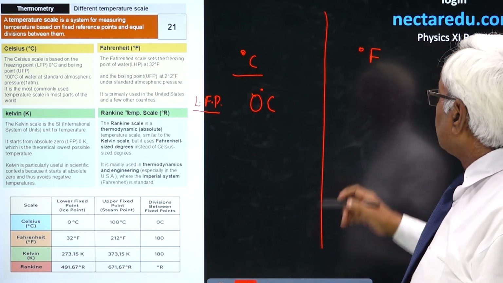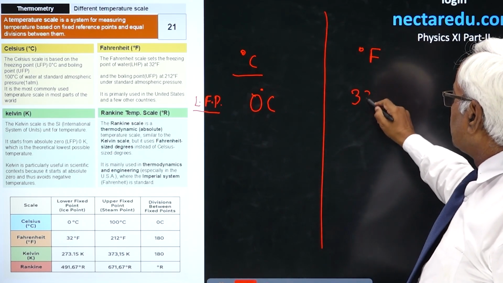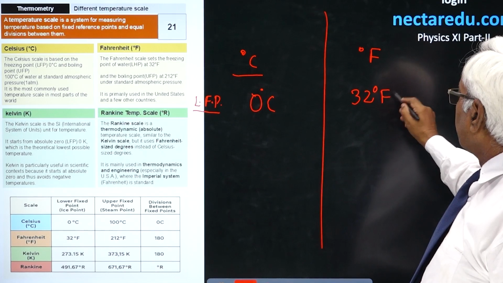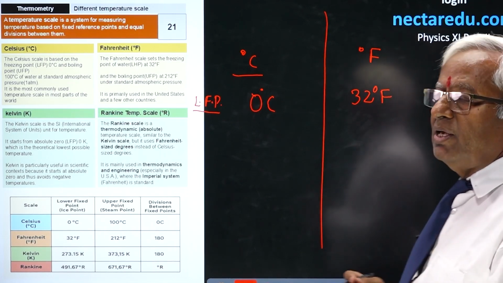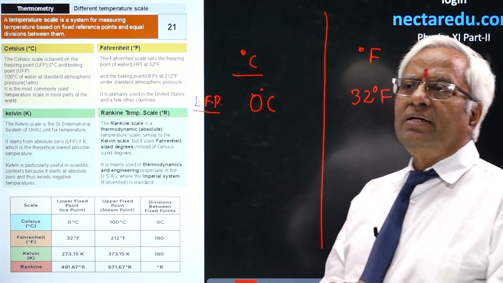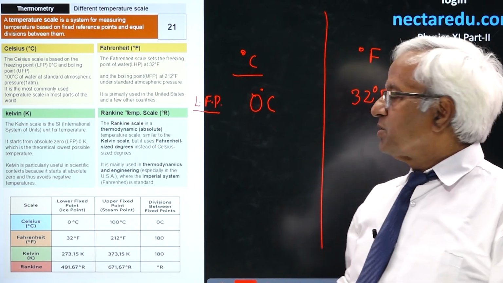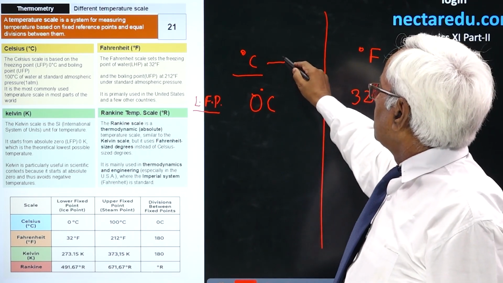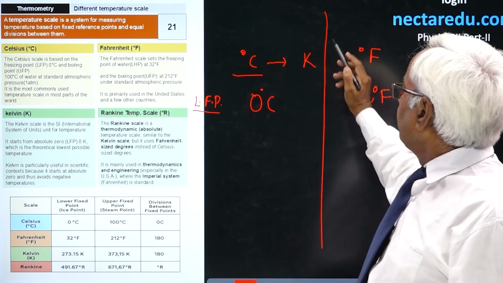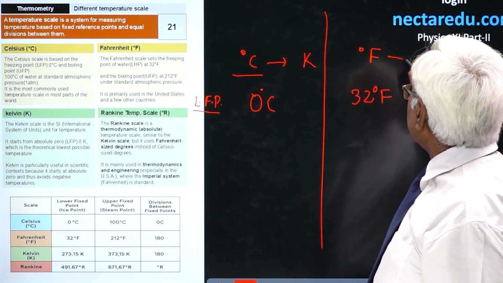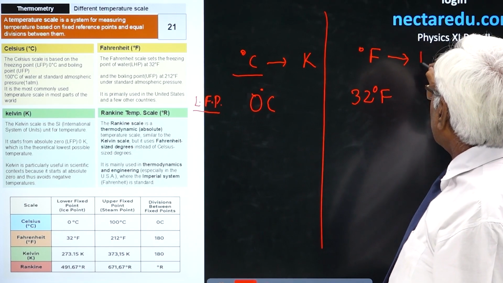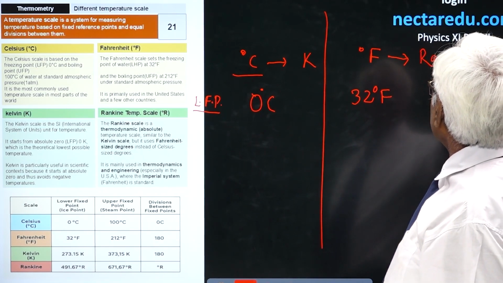On Fahrenheit scale, this point was taken as 32 degrees Fahrenheit. You see, absolute scales were modified for these scales. For Celsius, absolute scale was Kelvin, and for Fahrenheit, the absolute scale was Rankine.